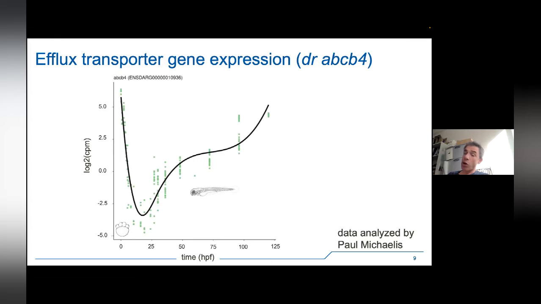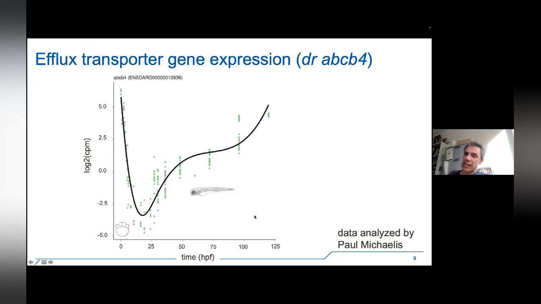And also gene expression is extremely dynamic. So this is a transporter protein that we heard already today about, and which I will also talk about. It's zebrafish ABCB4, and you can see the constitutive expression of this transporter in the first 5 or 6 days, I think.